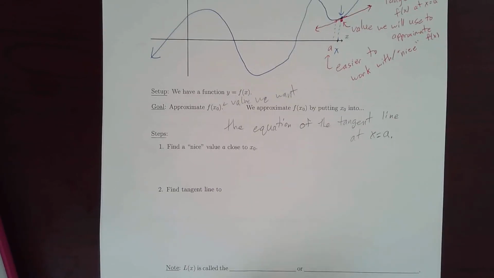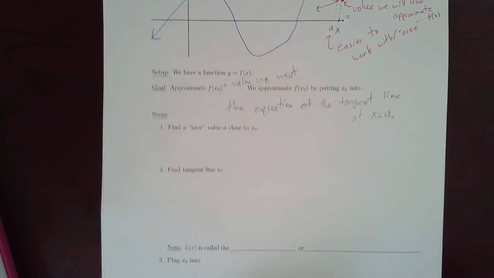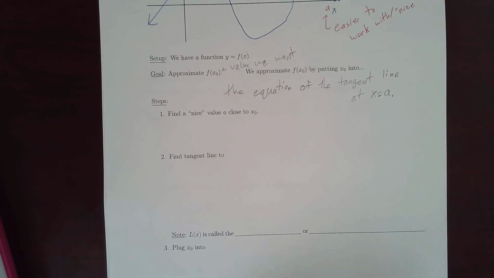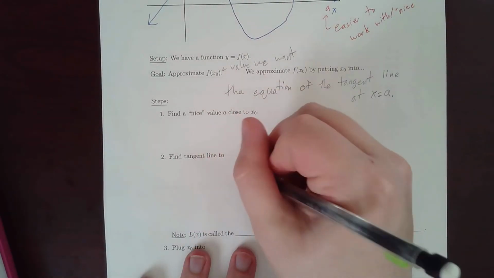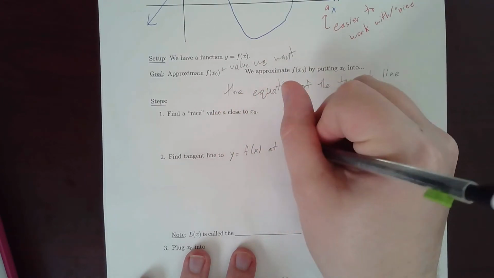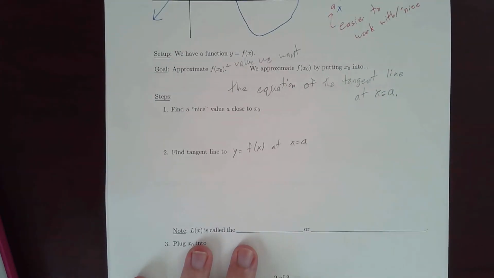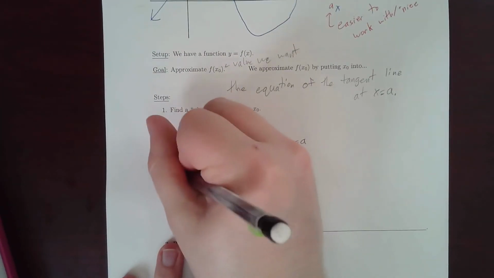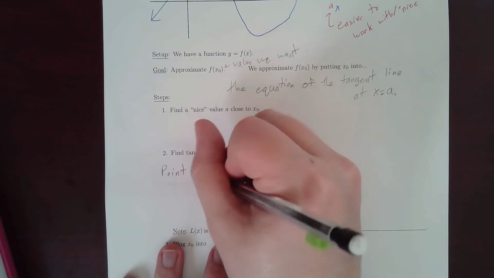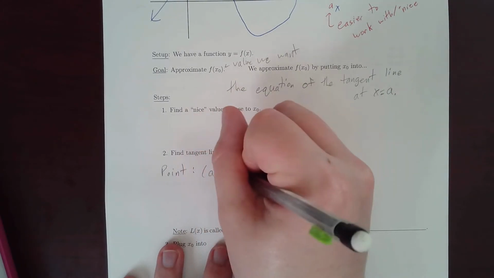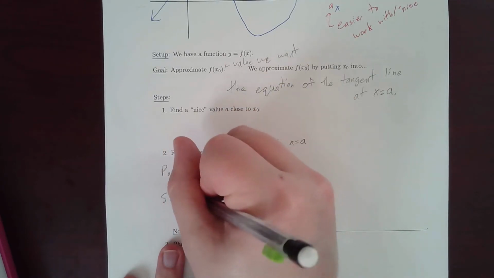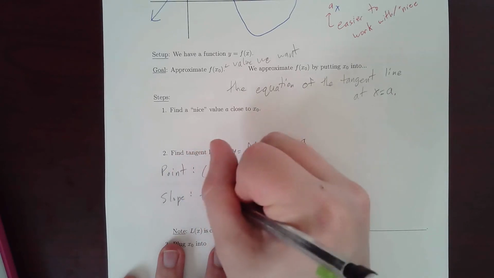So our steps will be to find some sort of nice value a close to x naught, and then for our tangent line to y equals f of x at x equals a, we have our point, which is going to be a, f of a, and our slope, which is f prime of a.